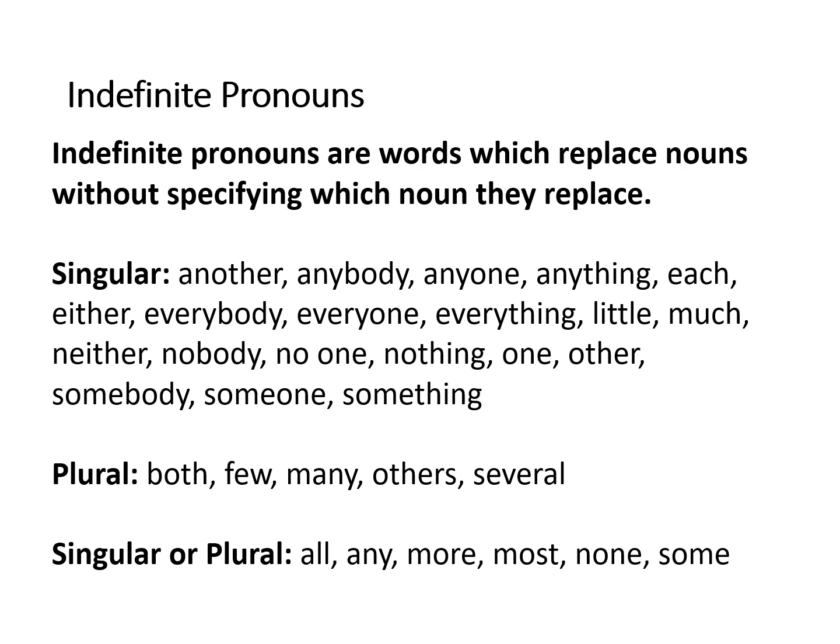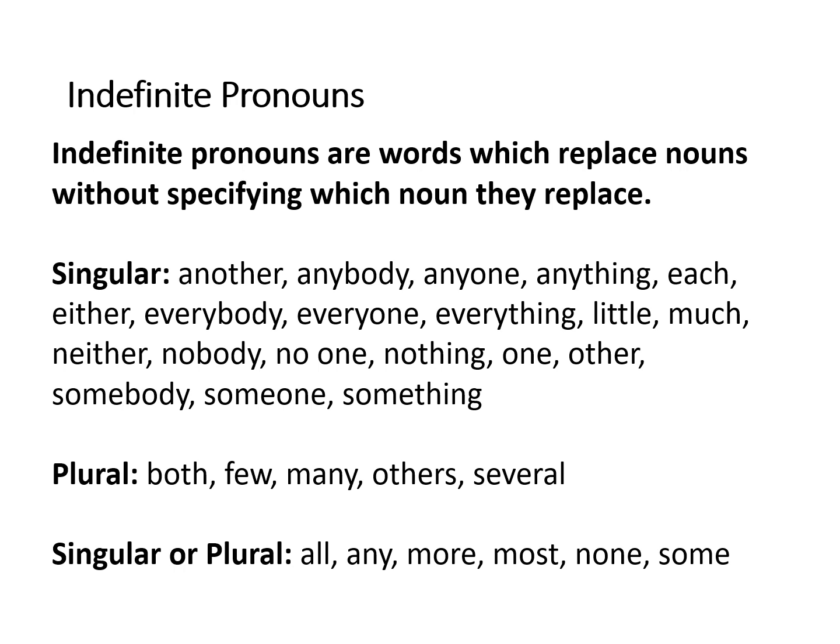The next situation is on the use of indefinite pronouns in place of nouns. Now, what are indefinite pronouns? Indefinite pronouns are words which replace nouns without specifying which noun they replace. Example indefinite pronouns are the ones you see in the slide.